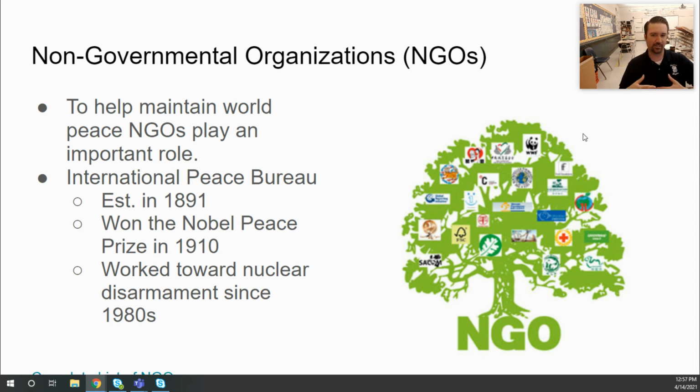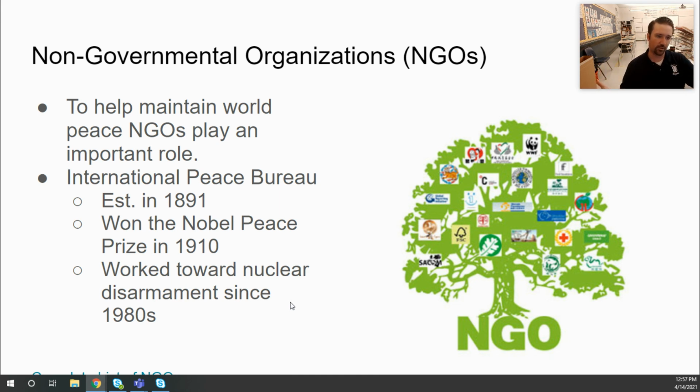So there's thousands and thousands of them. And if you have the PowerPoint up, you can click on this website and it'll give you a list of hundreds of thousands of different NGOs that exist in the world today. So things like trying to get clean water to people in developing countries, protecting endangered species. There's a lot of them.